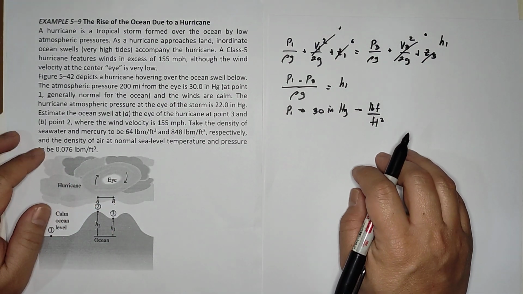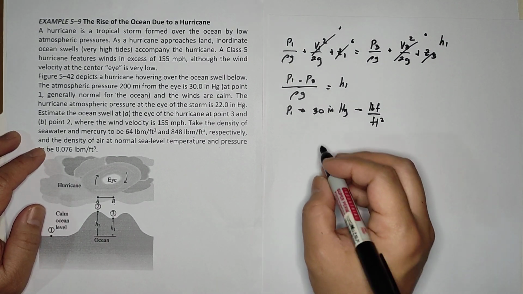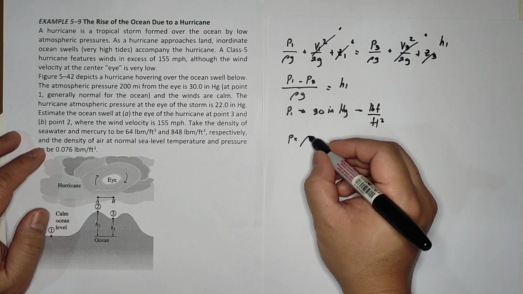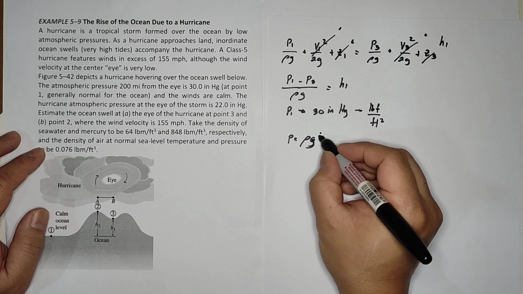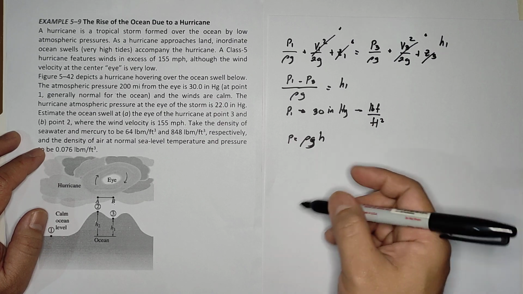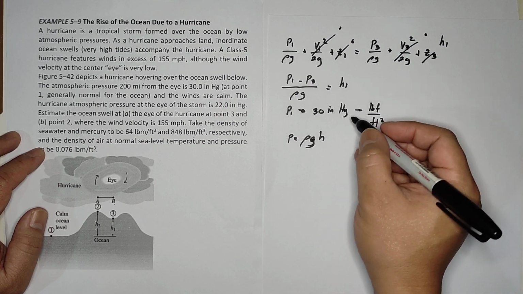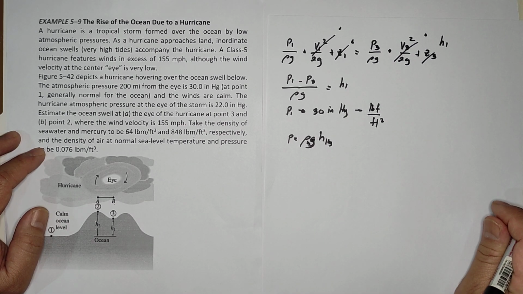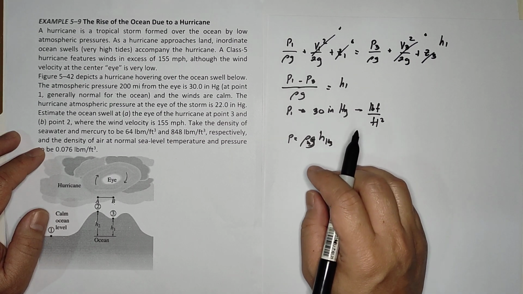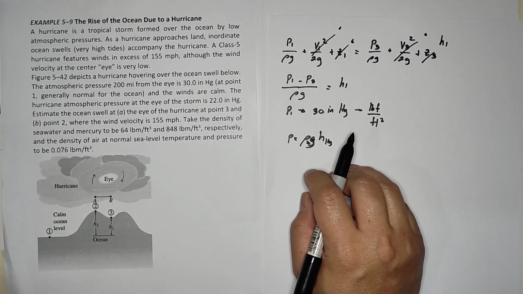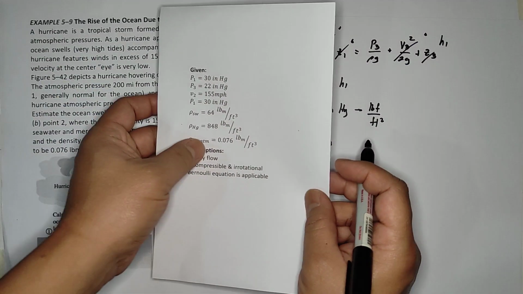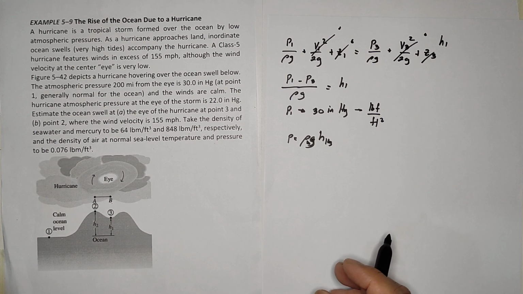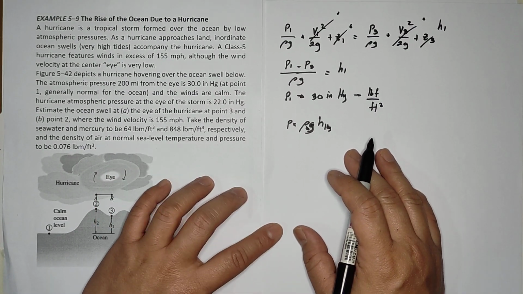How to convert? To convert, you have the equation pressure equals rho g h. If the height is in terms of Hg, the density should also be of Hg. The density of mercury is 848 pound mass per cubic foot.